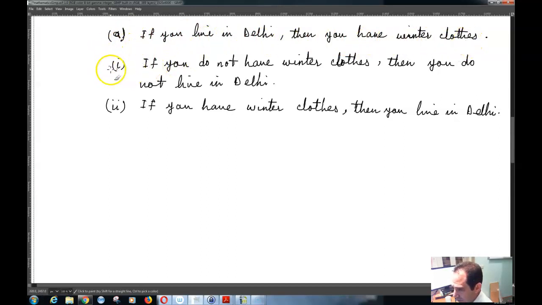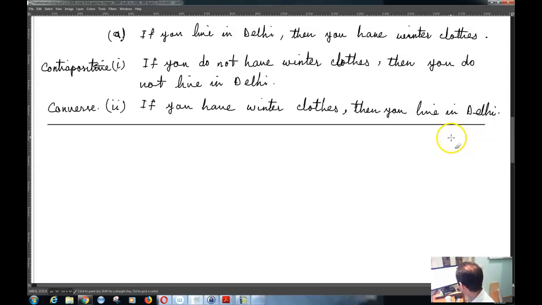Now statement number 1 says that if you do not have winter clothes, then you do not live in Delhi, which is the contrapositive of A. And the second one says that if you have winter clothes, then you live in Delhi, which is the converse of A. So the first one is contrapositive, the second is converse.